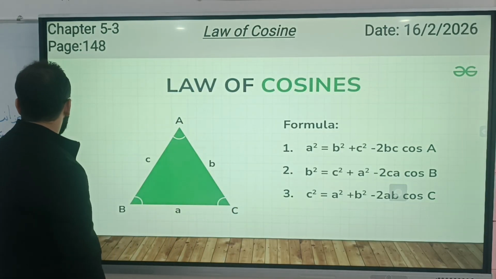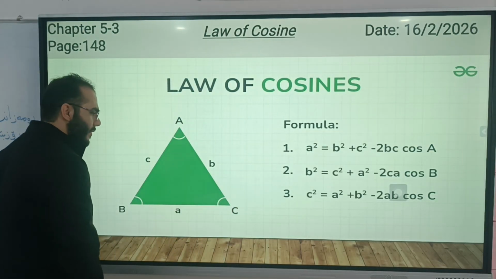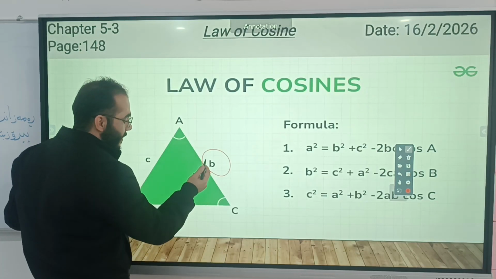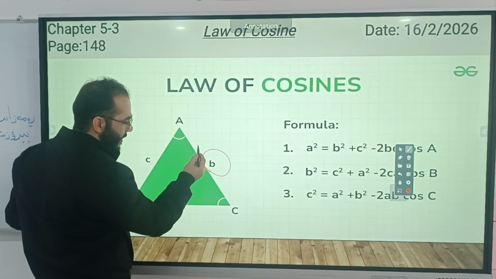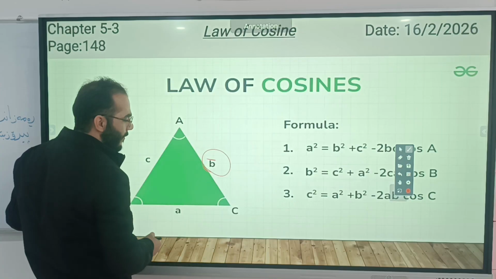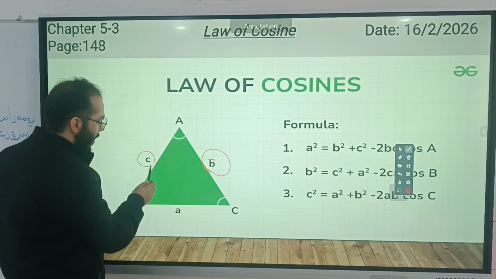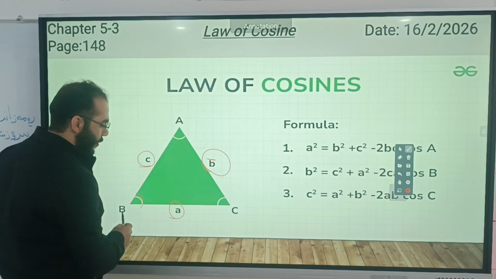Imagine the question asks for the length of this side, which is AC, and it's shown by b. In that case, we have this side, that side, and the angle between them.